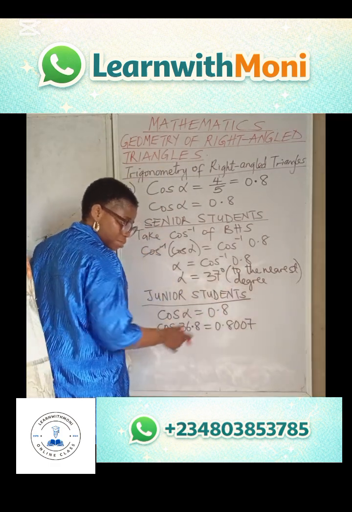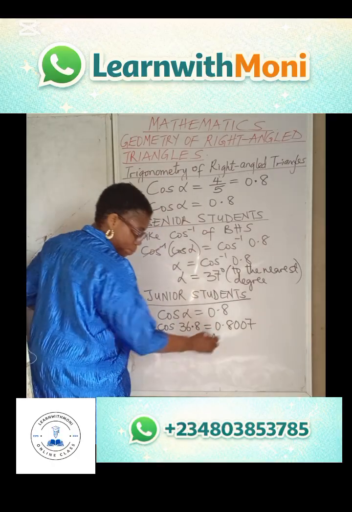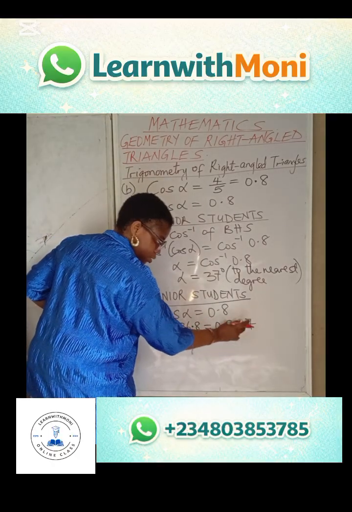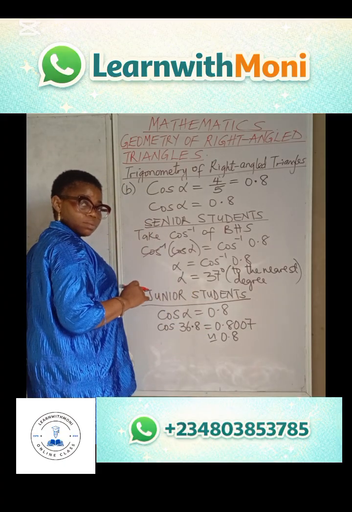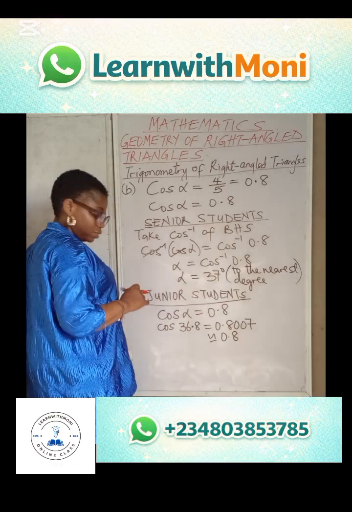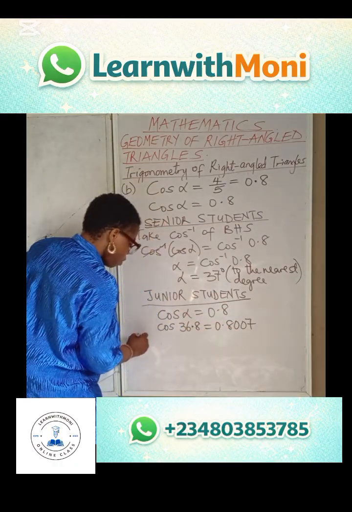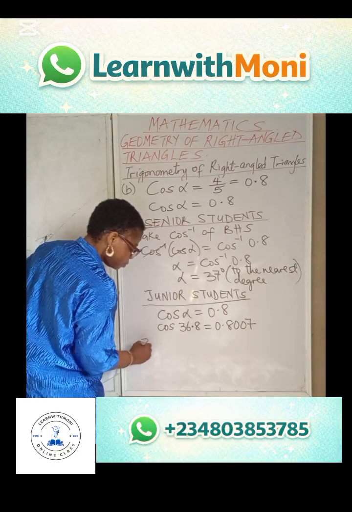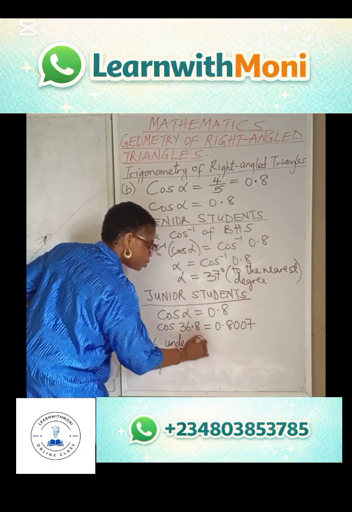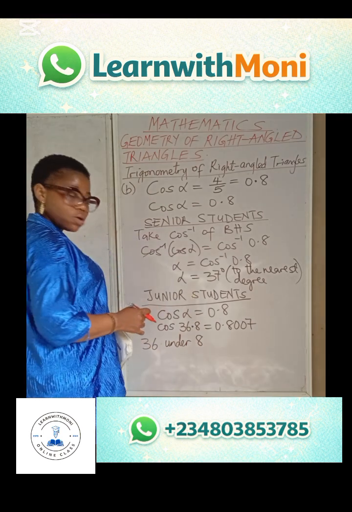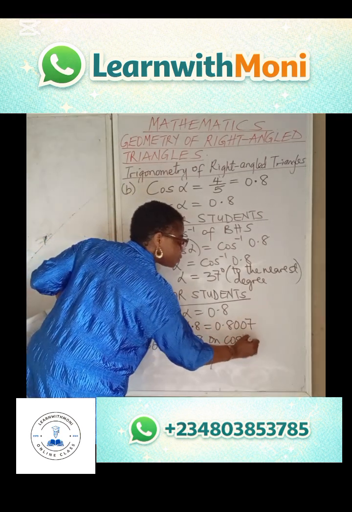0.8007 is approximately, when you take it to one decimal place, 0.8, and that is why I pick it as my closest point. And I got 0.8007 on 36 under 8 on the cosines table.